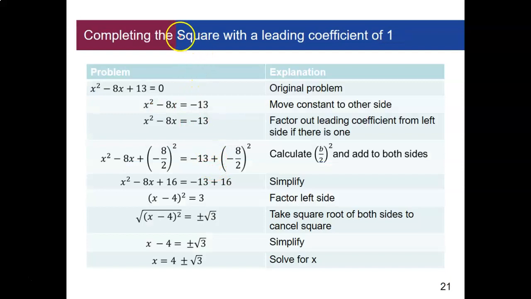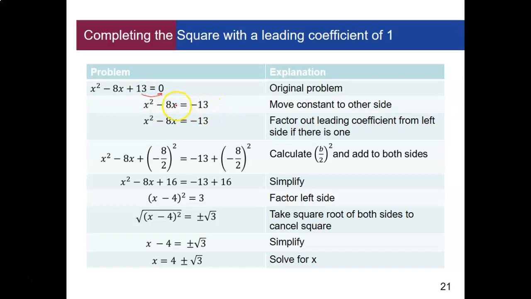Okay, with completing the square, the first example that I want to look at is one that has a leading coefficient of 1. So these are the easiest ones to try to solve using completing the square. We'll start out with our original problem, and the first step is we want to take this 13 and move it over to the other side.